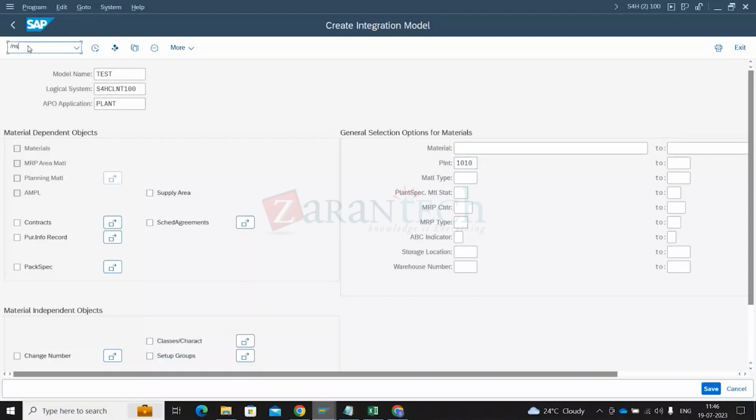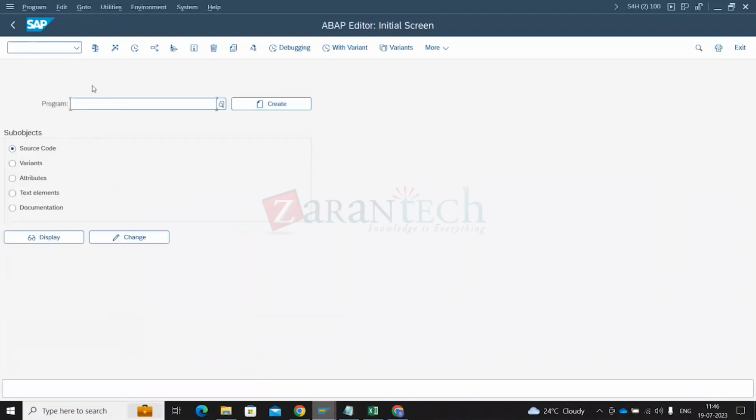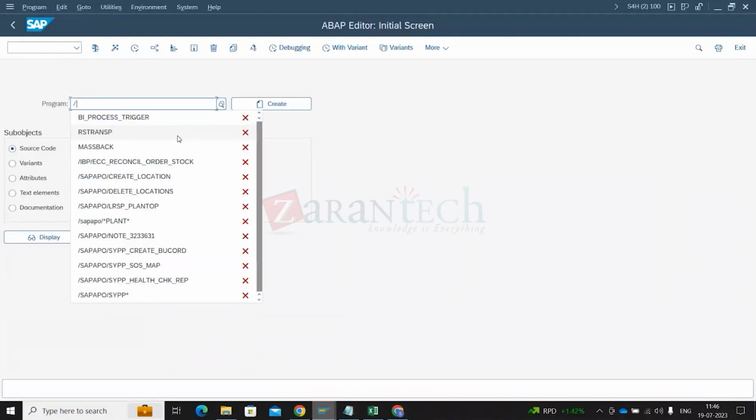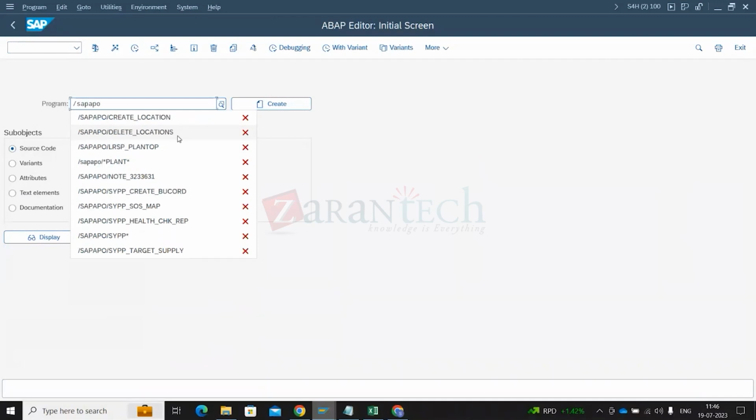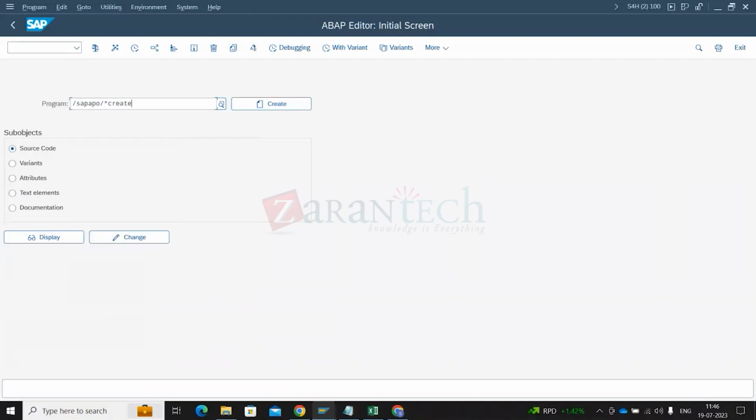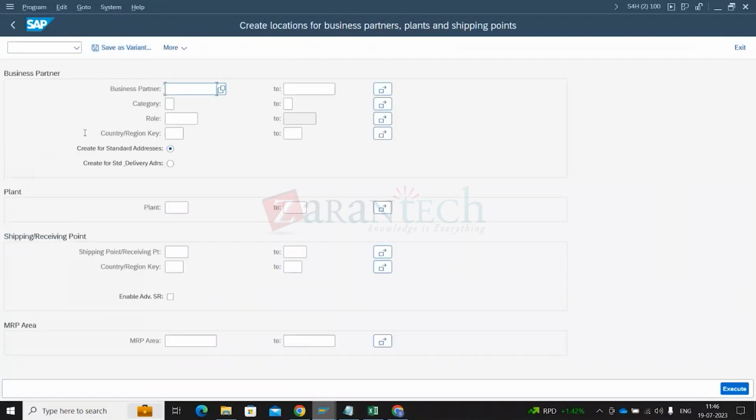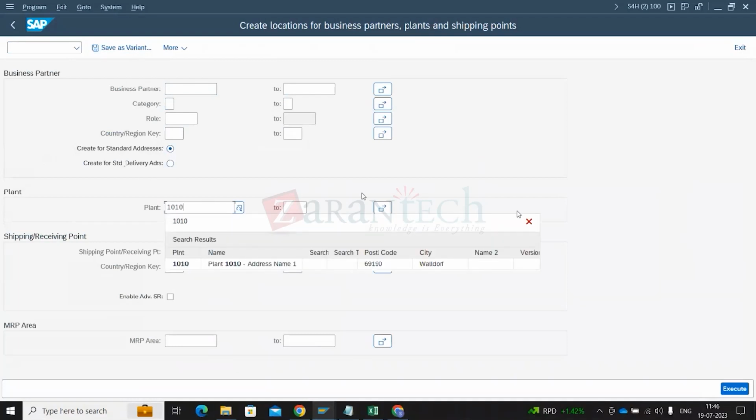And what that adjustment is, you will need to execute a report. So that is /SAP/APO/create, I forget. I'm very weak in remembering the report. So this is the report, create location report, that has been provided by SAP. Here you need to specify 1010, create for standard address and so on.